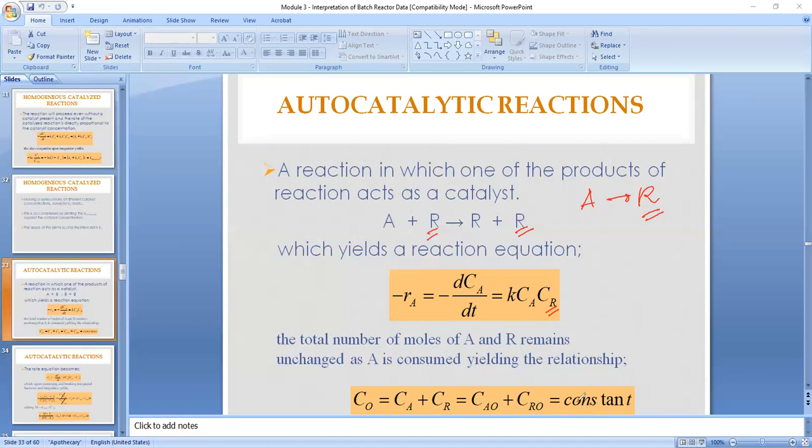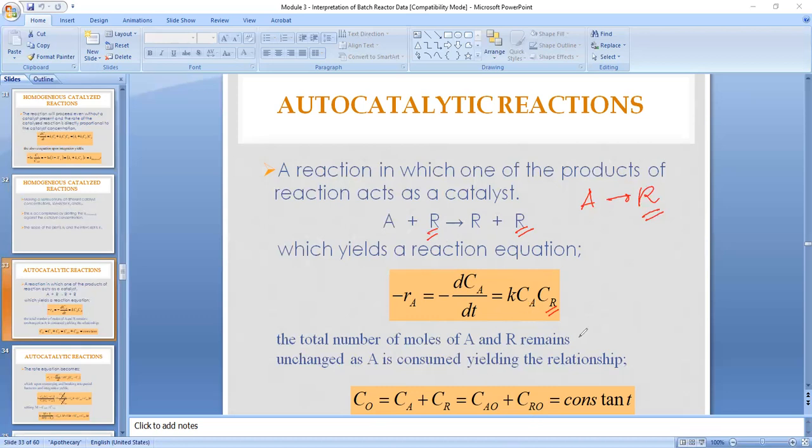Now, we need this very important equation because if you're going to process your rate expression here on top, it should only be expressed in terms of two variables. Those two variables are C sub A and time. And since you have C sub R, there's a need for you to find an expression for C sub R that is in terms of C sub A. And where will you get it?